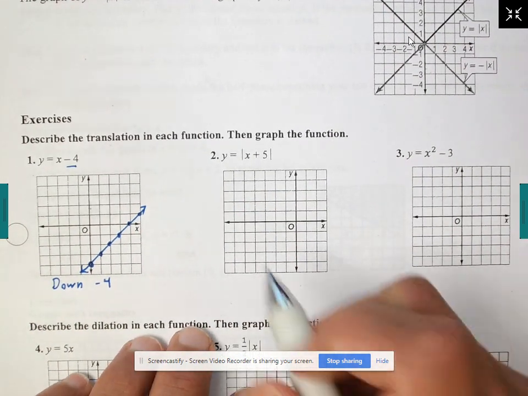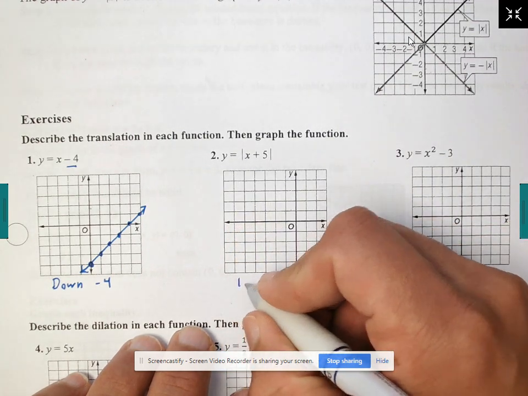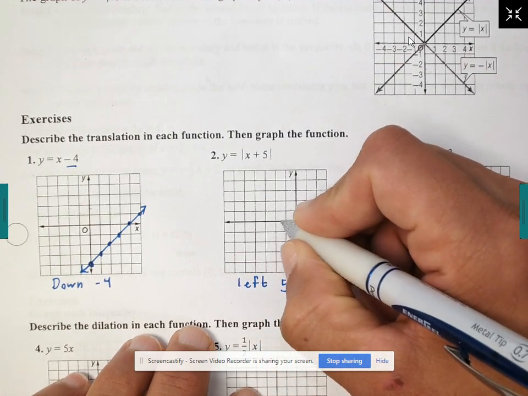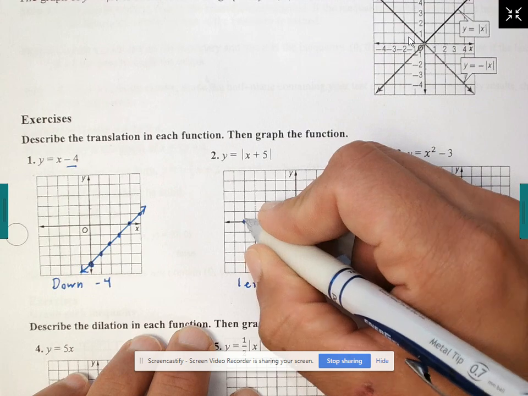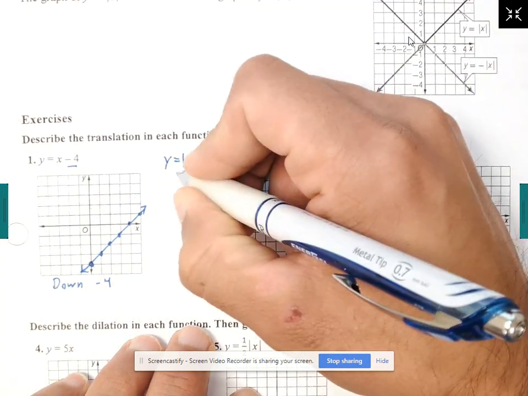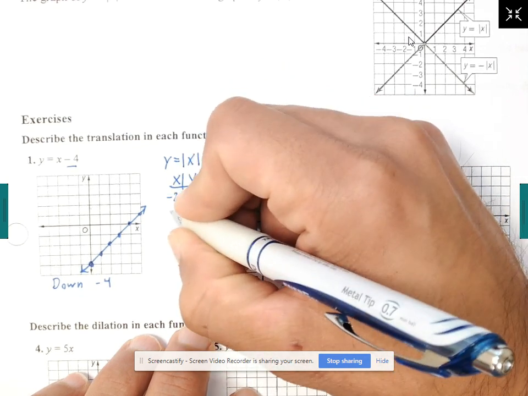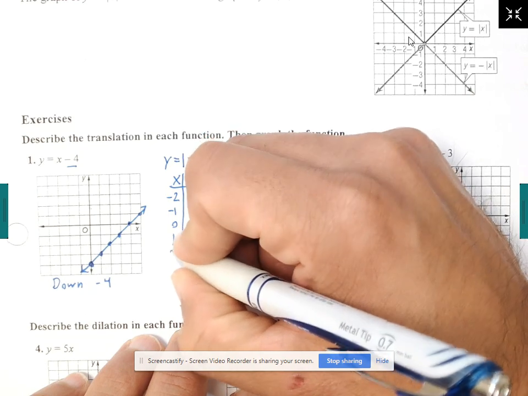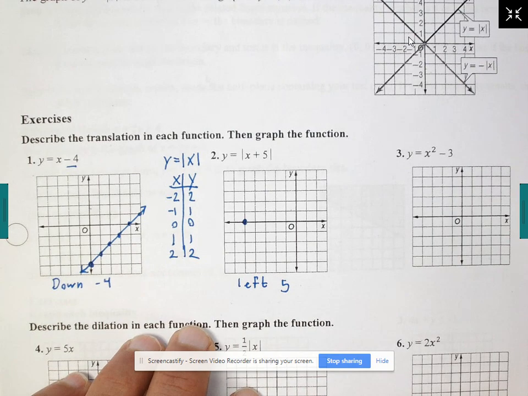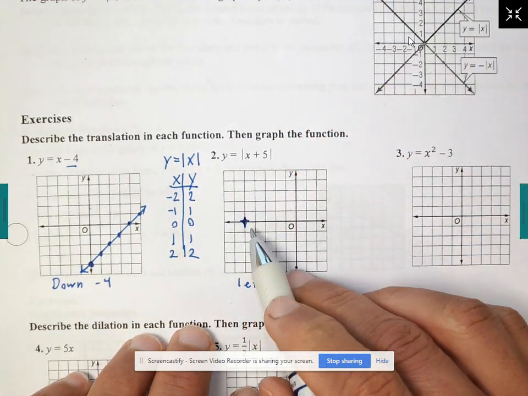Then for the next one, remember this is an absolute value, and we're actually going to take this left 5. So we're going to go to the left 5, 1, 2, 3, 4, 5. And if you remember for the parent function, y is equal to the absolute value of x, we had the following key points. Now this point right here, I want to call my fake origin.